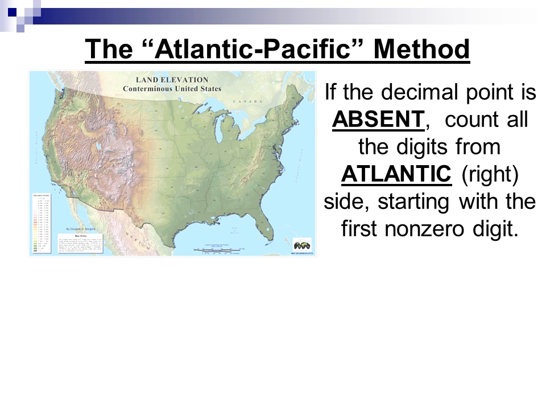The second rule is, if the decimal point is absent, count all the digits from the Atlantic side of the measurement, starting with the first non-zero digit. Now let's look at some examples for the Atlantic rule, starting with 40,600 square feet.